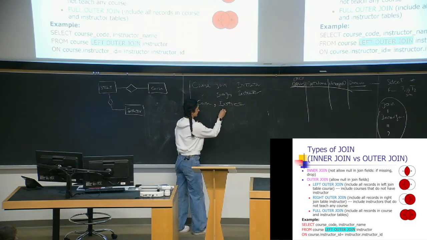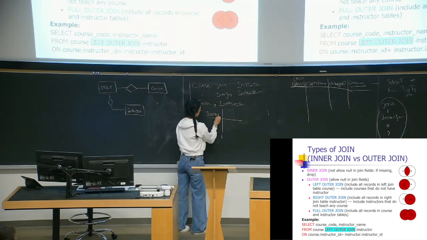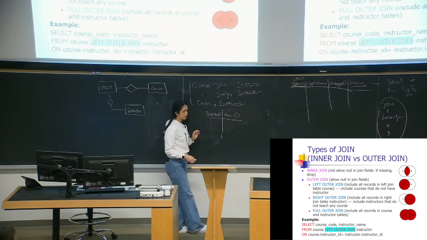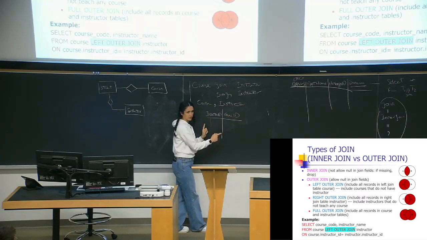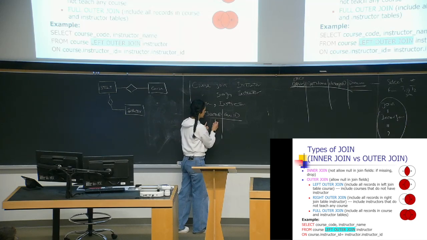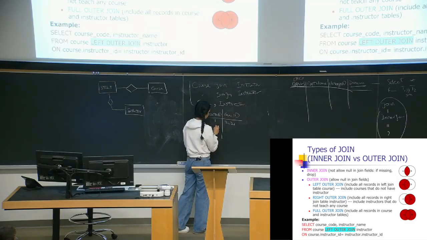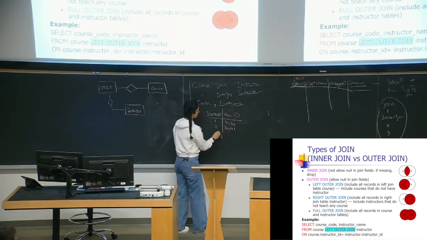So you will see something like this. Here you have, let's say, instructor ID and course ID, and you don't have any null here. For example, you have instructor ID 1 with course ID 3421, or instructor ID 2 with 3401, and so on.